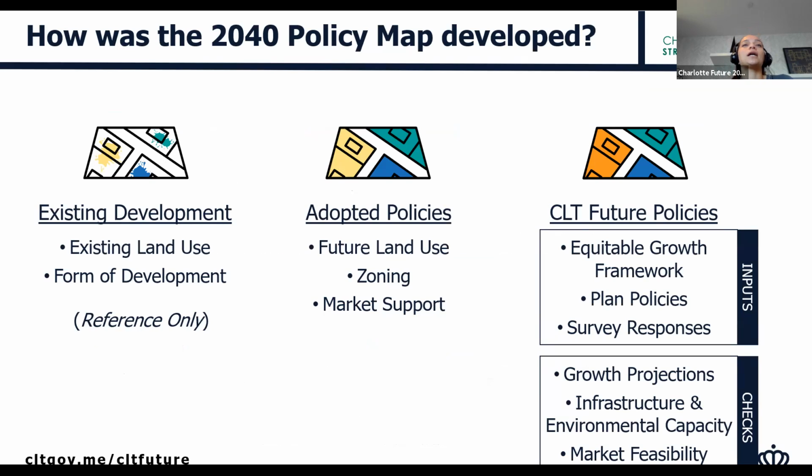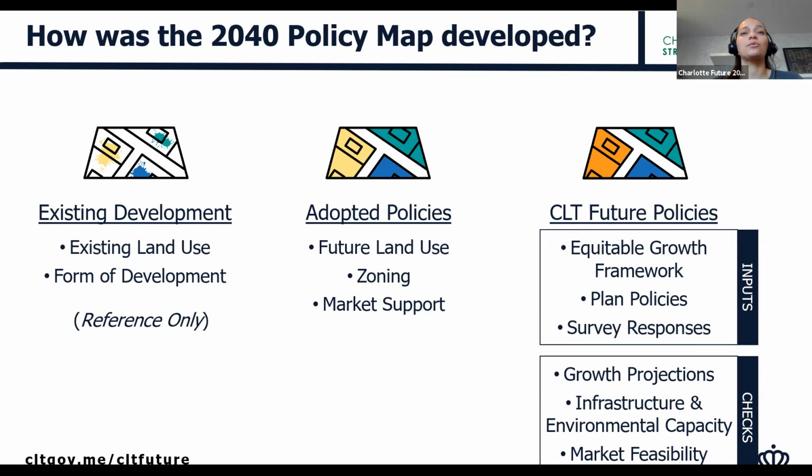So again, going back to how the 2040 policy map was developed, these are the 3 steps that we used. The existing development, we mapped that using existing land use and then our forms of development. So anything that's on the ground is what we use to map the existing development map. The second step was to map the adopted policies.